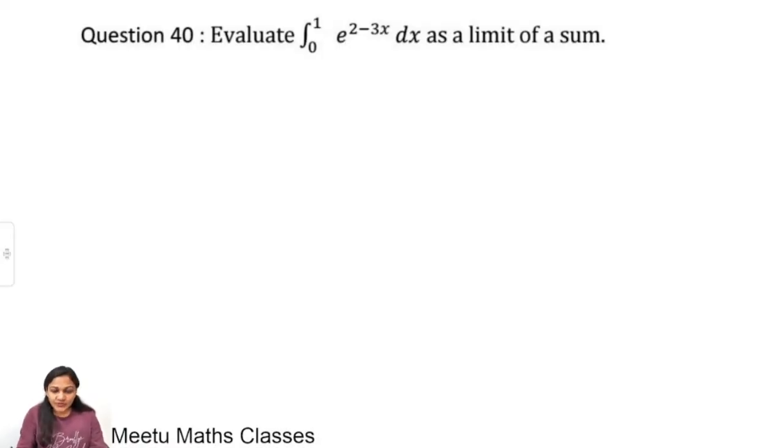Now your next question is question number 40. Evaluate the integral from 0 to 1 of e raised to power 2 minus 3x dx as a limit of sum.